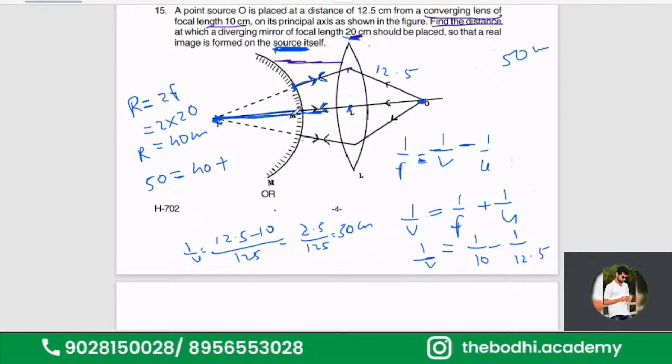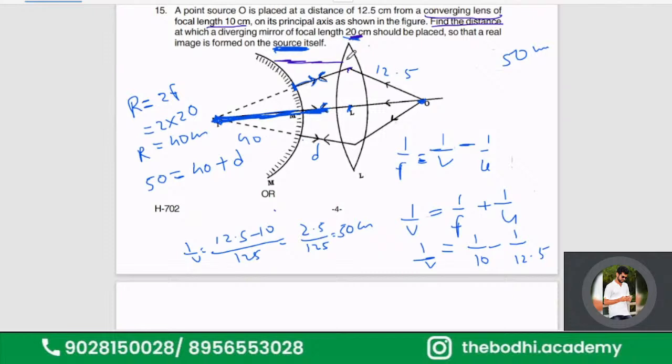And from here to here is how much? 40. That means the remaining has to be how much? This is D, right? All of you agree with what I have written? So 40 plus D should be equal to the total. 40 from here to here and D from here to here.